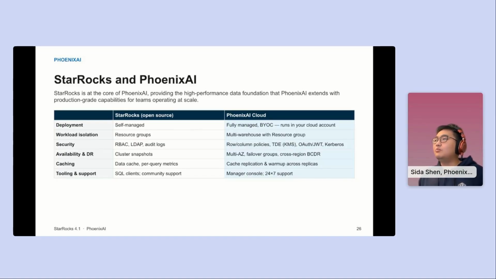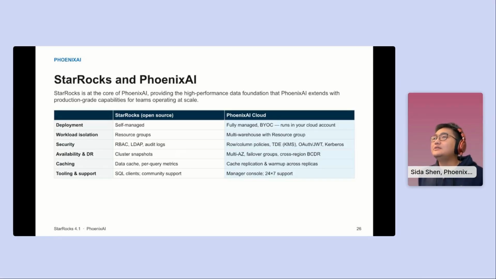And also more caching options, right? So make sure that your query performance is even more stable than your StarRocks counterpart, right? So cache replication: even if your node goes down, we have another copy of the cache we can go to, right? And warm up across all of the replicas, so you don't hit that first slow query, right? And tooling and support, of course, you get 24/7 support from the original StarRocks team or the StarRocks maintainers.